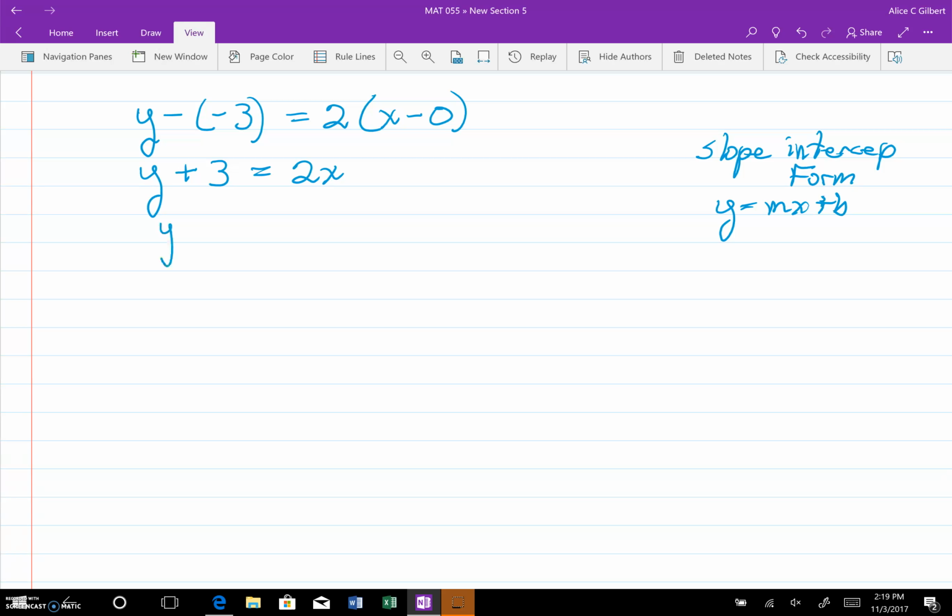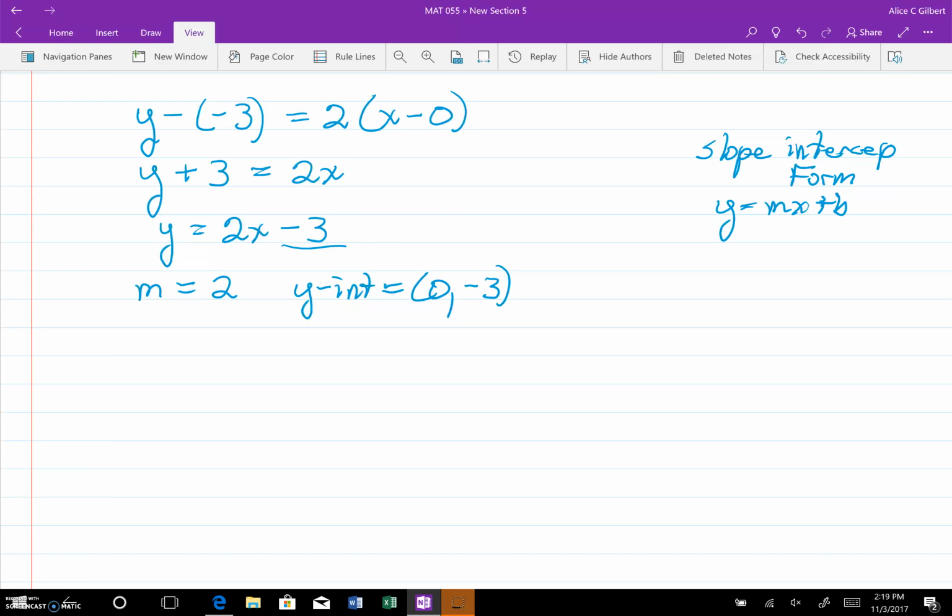So I need to subtract the 3 and it will come over here, and now I have m equals 2, and my y-intercept point is, remember the x-coordinate of a y-intercept point is always 0, and then the b, which is this, and its sign, remember that, negative 3.